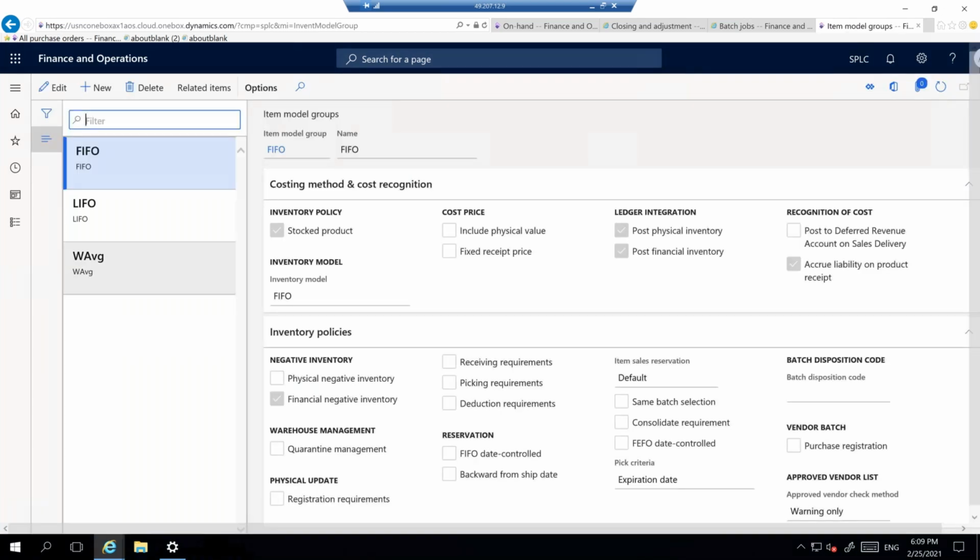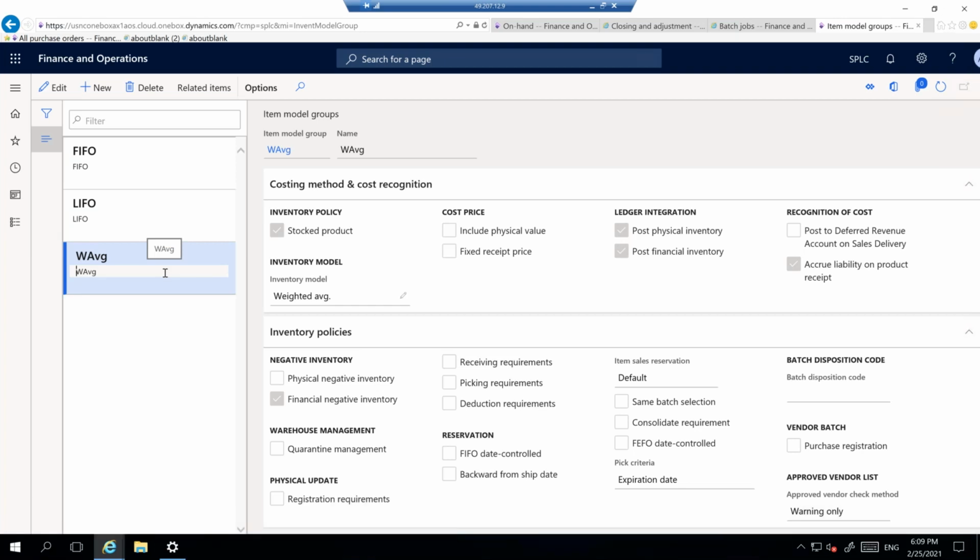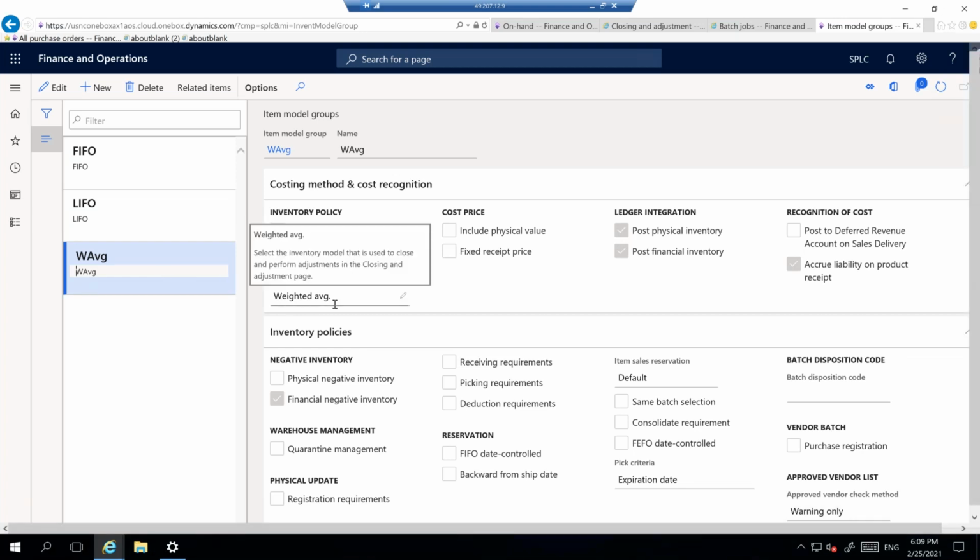FIFO, LIFO, weighted average. We will discuss a lot about this. How is it calculated? What needs to be set up? Is it a predefined setup or do we need to set this up?